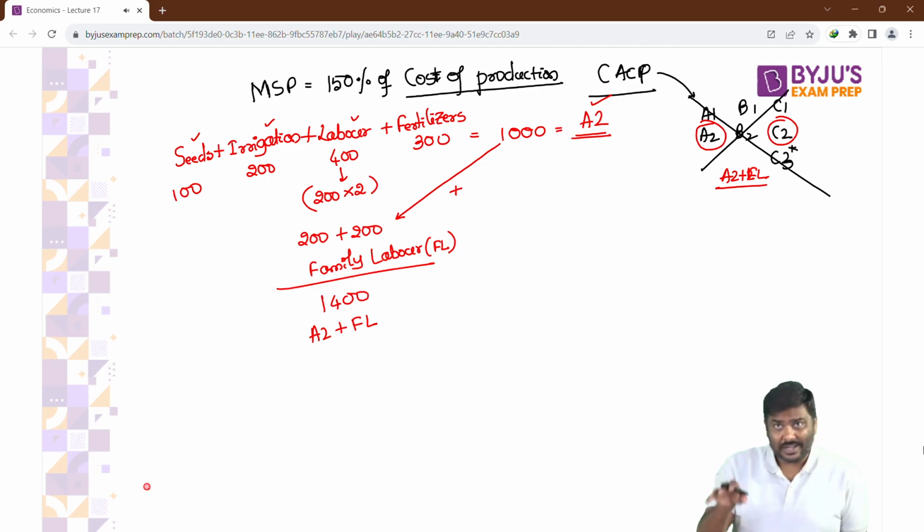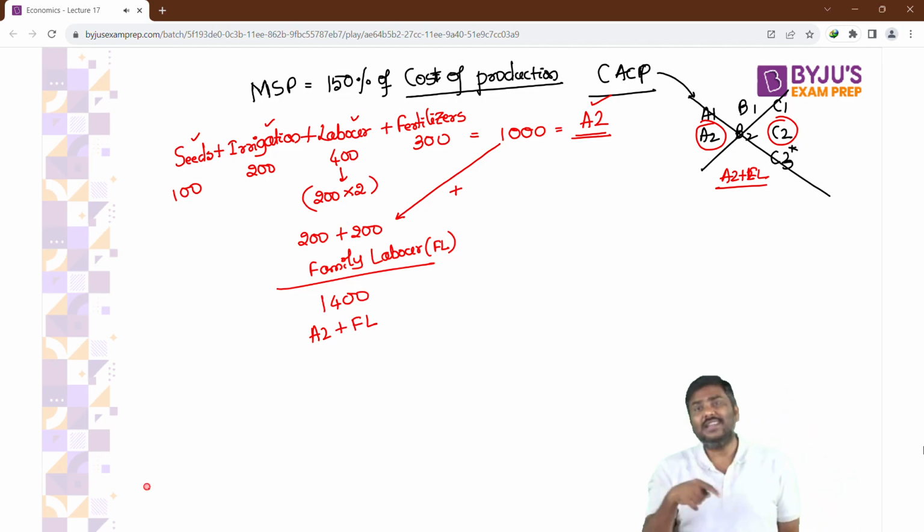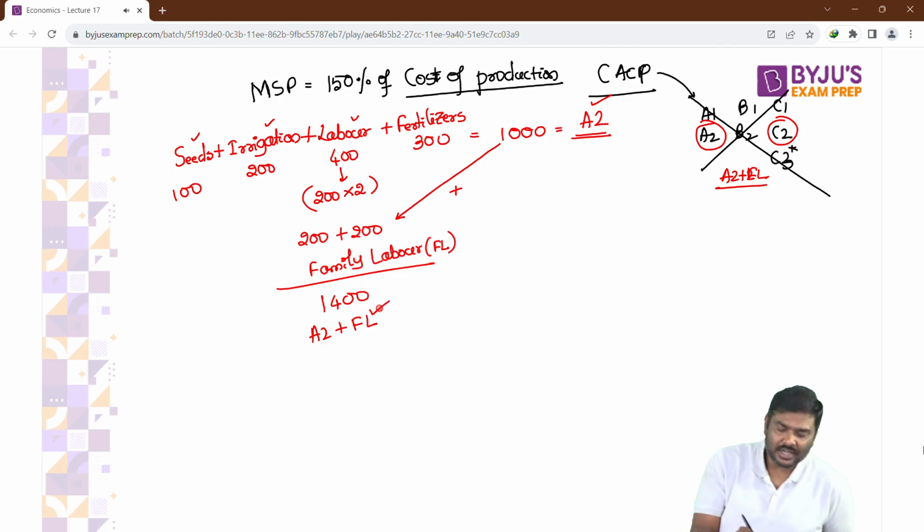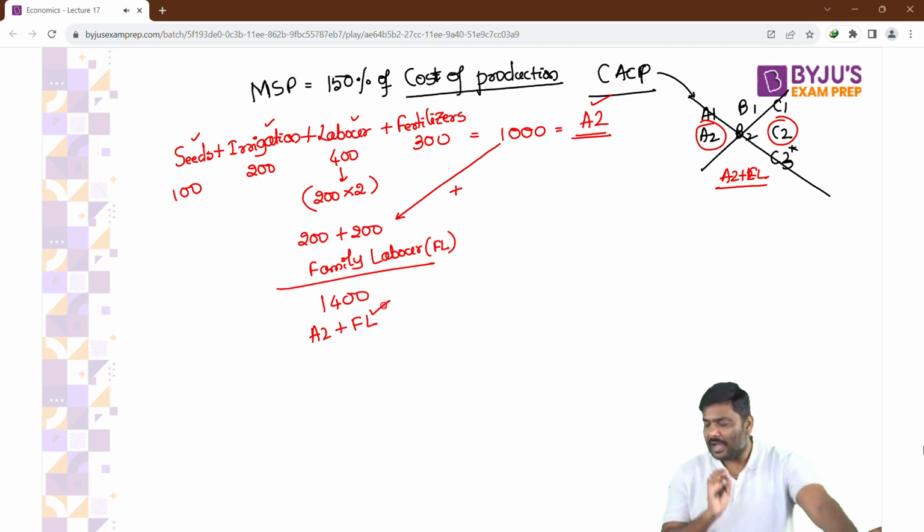Whenever the government announces MSP, generally they will use A2 plus FL. Whenever the Cabinet Committee on Economic Affairs announces MSP, they will use A2 plus FL.